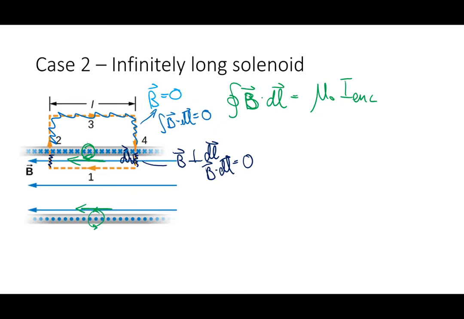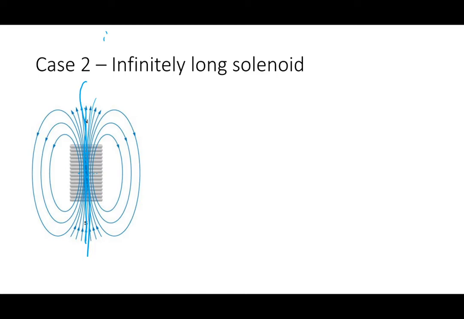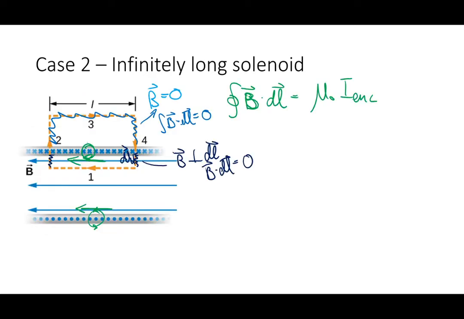Outside the solenoid, because the solenoid is infinitely long, for a regular solenoid that's not infinitely long, the only reason there are fields out here is because they loop around out the end. Whereas if you imagine this thing becoming infinitely long, then they never get to escape and loop back. So that's one way to justify that. You can also go through and do the integral and see how everything cancels out as well.